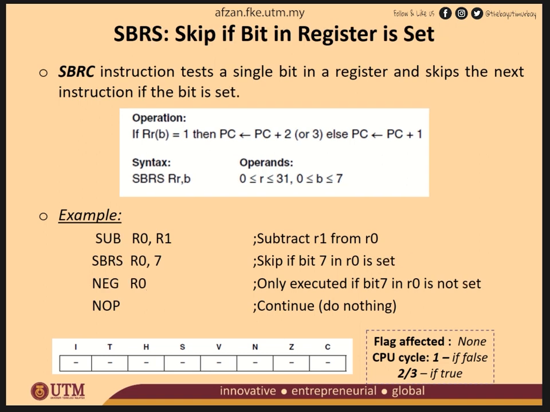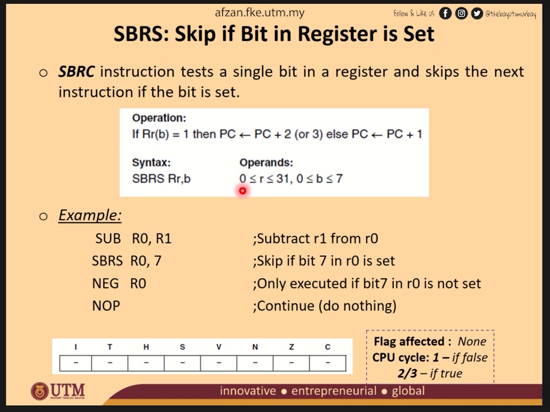Next is SBRS, which stands for skip if bit in register is set. The SBRS instruction tests a single bit in a register and skips the next instruction if the bit is set. Here is the syntax: SBRS Rr, b.